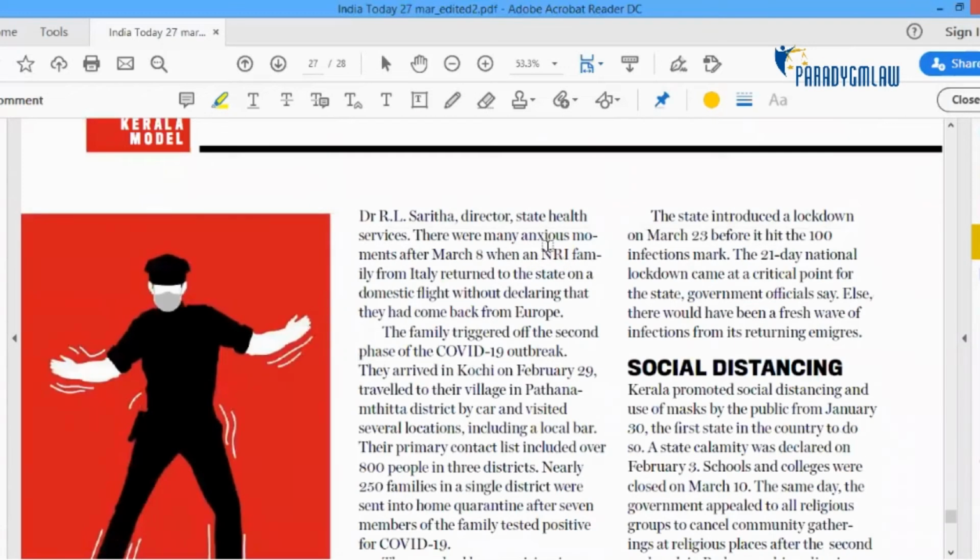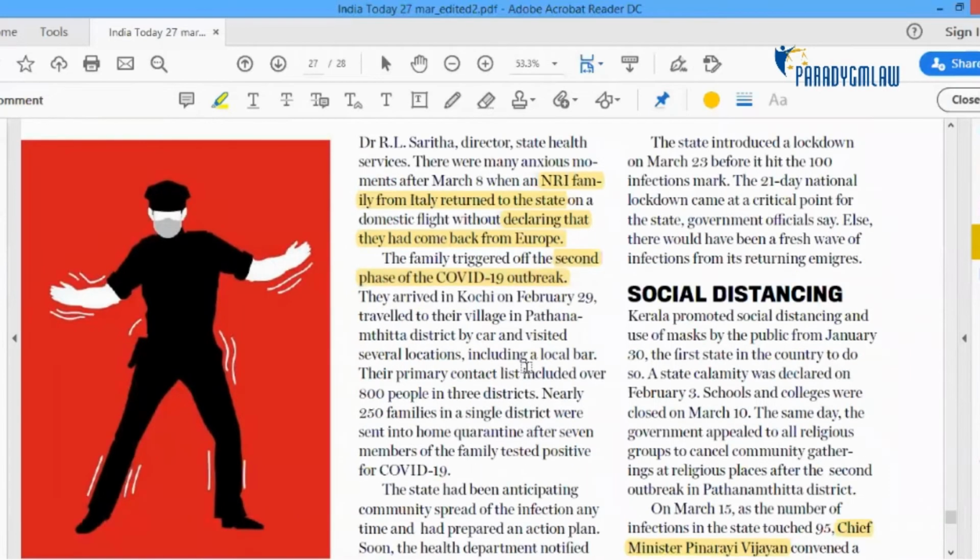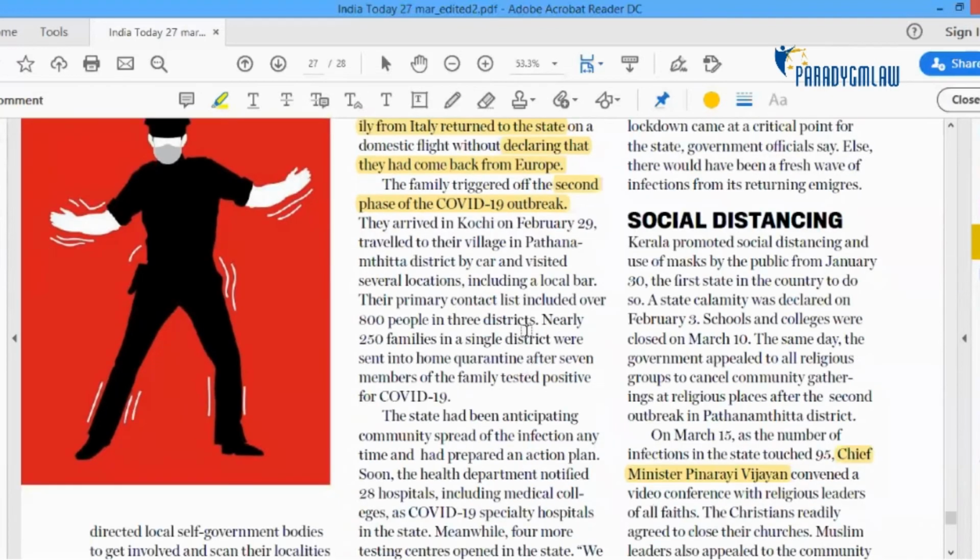And here comes the news about the NRI family from Italy that returned to the state without declaring that they had been to Italy. So, the second phase of the COVID-19 outbreak started off because of this family's negligence in reporting, and this paragraph talks about that.